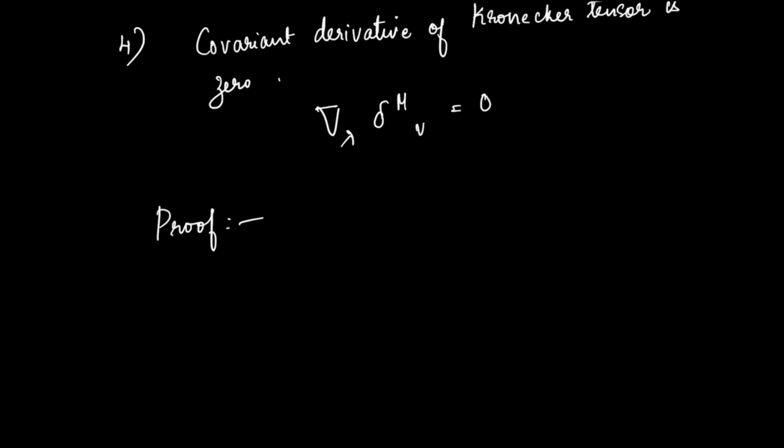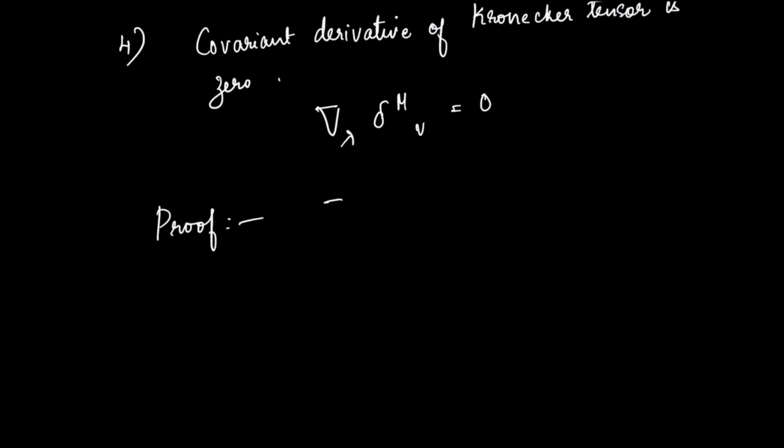For proving this, we have to start from the definition of the covariant derivative. Here the Kronecker tensor is a mixed tensor of rank 2, so I will take the example of a mixed tensor.